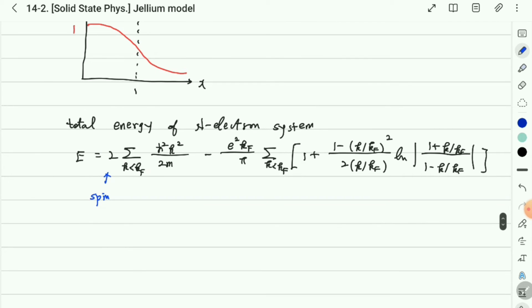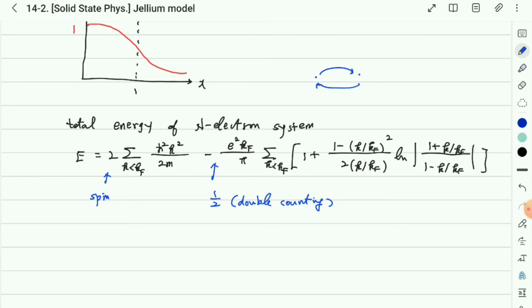And also, this 1 means that here the 1/2 should be included. The 1/2 comes from the double counting, because for two electrons, electron 1 and 2, this interaction or this interaction is identical because electrons are indistinguishable, and therefore the double counting should be excluded.